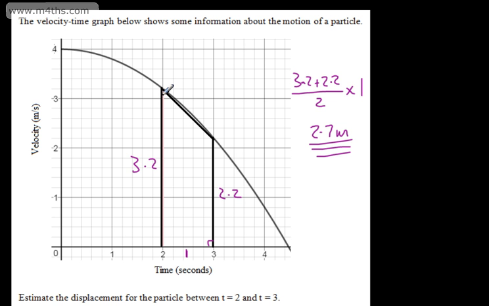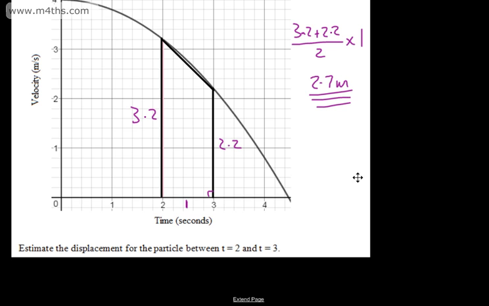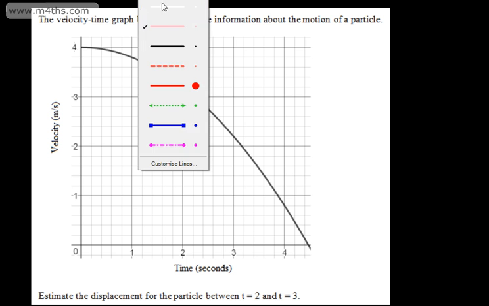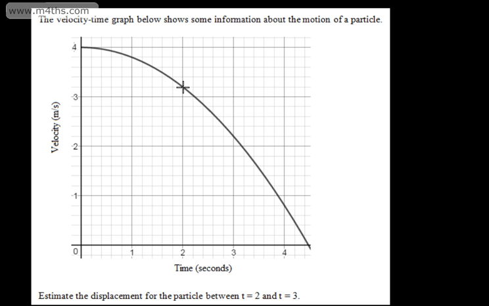If you wanted to make this more accurate, what we could have done is copy this and make a more accurate estimate. Let's say instead of doing 1 trapezium, we did 2 trapezia. Let's make that black. I don't know why I prefer the pink line, but it's just not working on this particular thing.